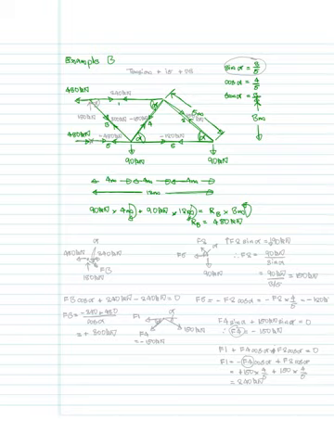But we want to adopt our sign convention of tension is positive, because that's going to help us later when we tabulate the values. So we might as well write negative 480 kilonewtons there, bearing in mind of course that we're showing tension as being positive, so a negative 480 effectively means compression.